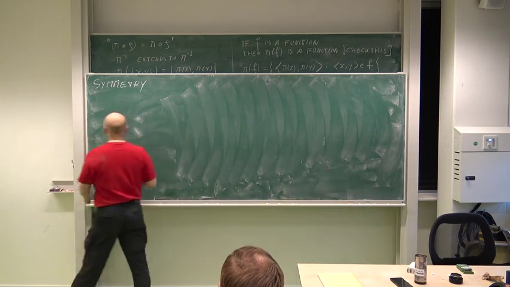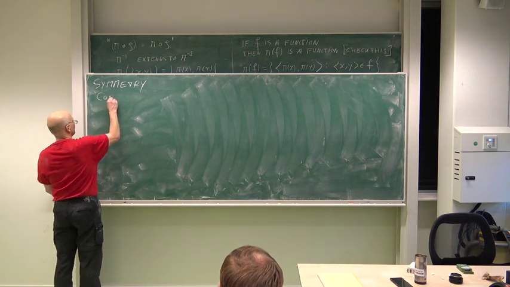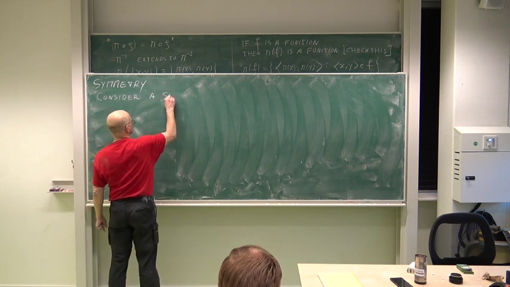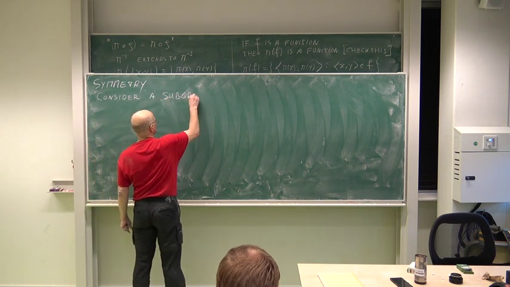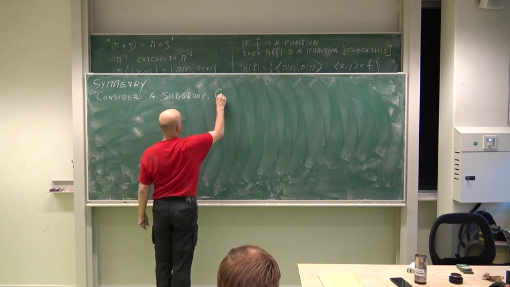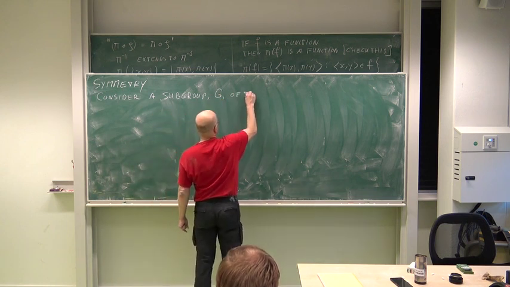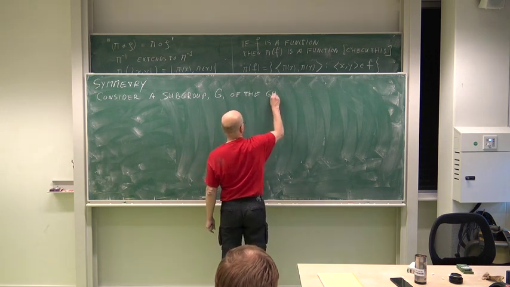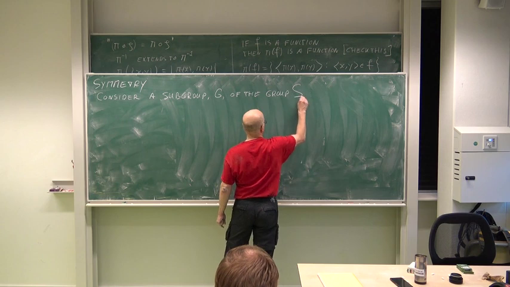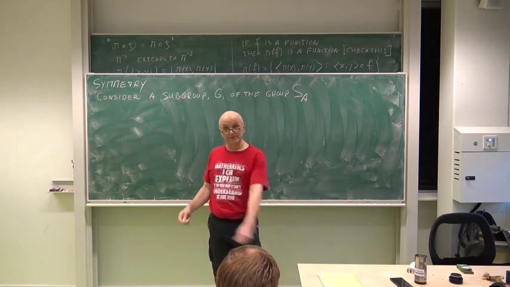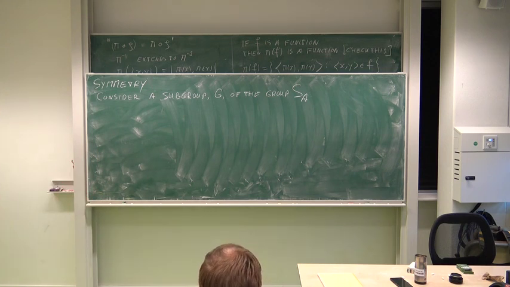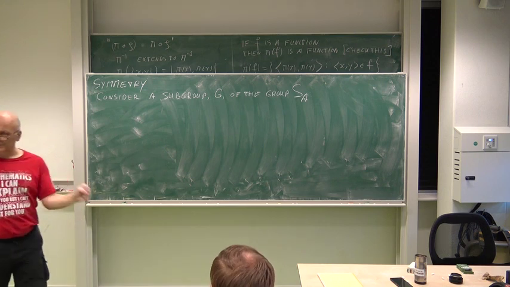Well, we take the permutation group of A, S_A as we tend to call it in algebra. We take a subgroup of that, and we're only going to look at those permutations.